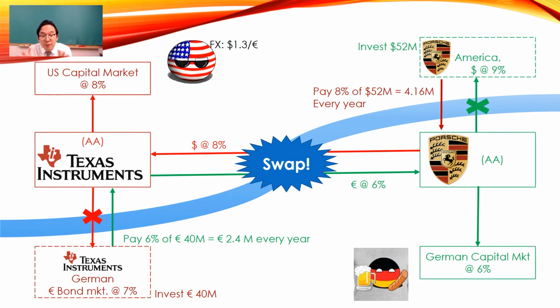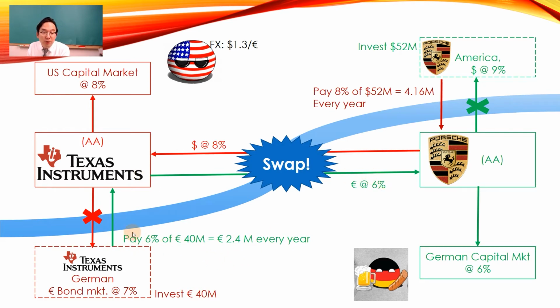Respectively, they earn the foreign currency as they do their own business offshore, and then repay those amounts and interest in the respective currency, like euro from the Texas Instruments perspective, and US dollars from the perspective of Porsche. But they give that interest to the swap counterparty.